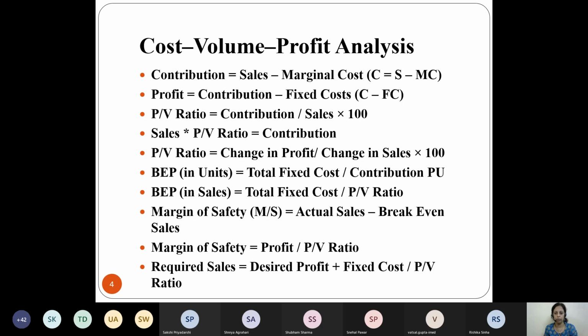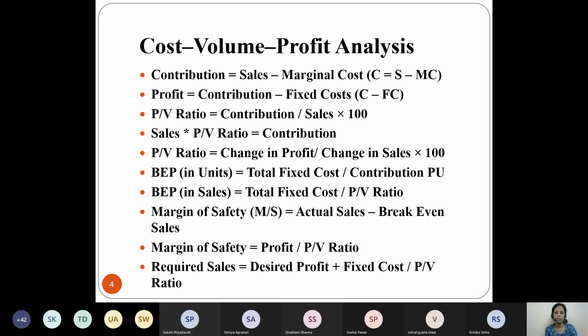So there is one more formula to calculate PV ratio, which we are going to use later: change in profit upon change in sales into 100. This is one more formula of PV ratio. Have you taken down and followed? Yes, ma'am.